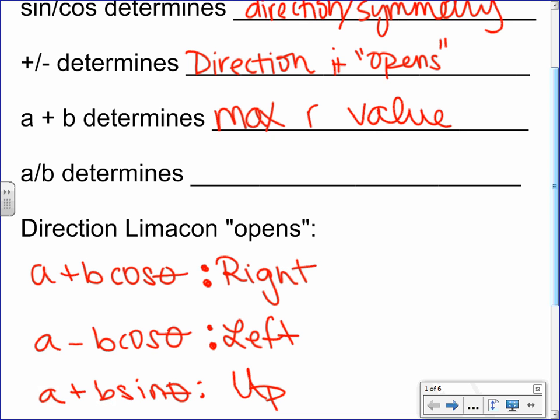Max R value. A plus b is going to be our longest distance from the pole, or the distance that we're opening from the pole. Is it opening right, left, up, or down? That distance is going to be determined by a plus b. As we graph these, I hope that you will see why.